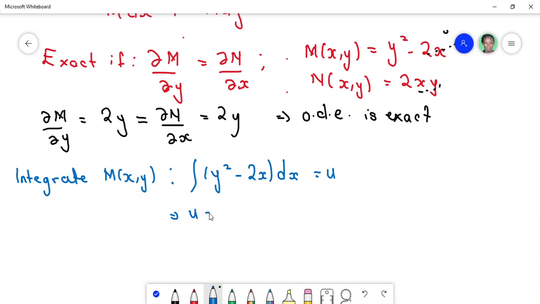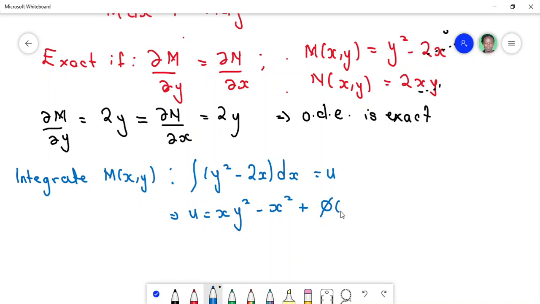So this implies that u is equal to x times the integral of y squared, so x y squared, minus, if I integrate this part, x squared, plus a function, and this function is an arbitrary function of y.